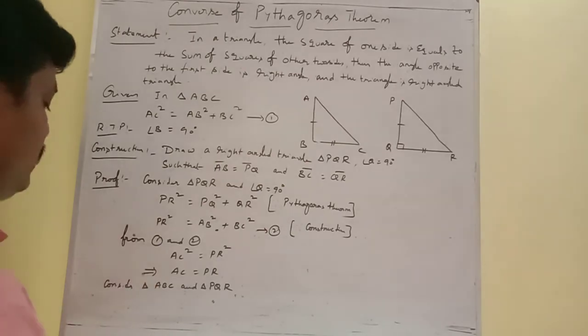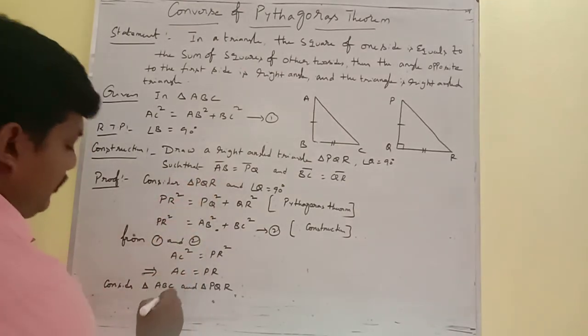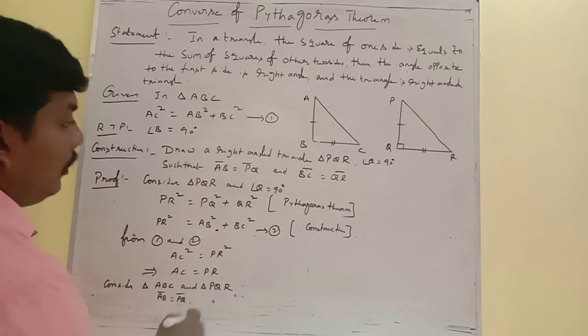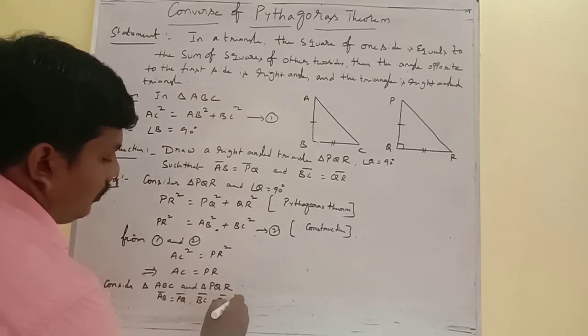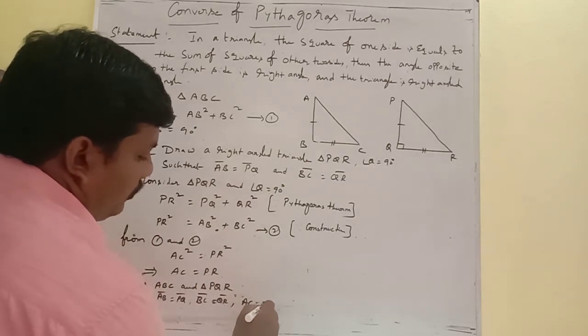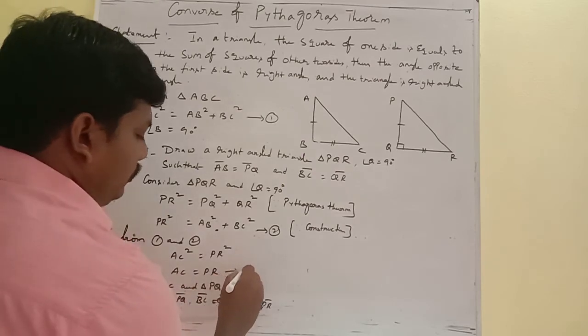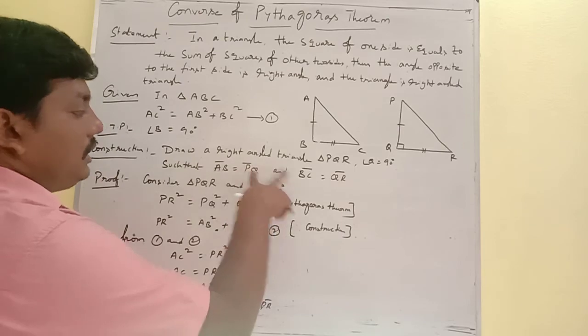In these, AB is equal to PQ, BC is equal to QR, and AC is equal to PR. AC equal to PR we already proved from the third equation, and the other two are from the construction.